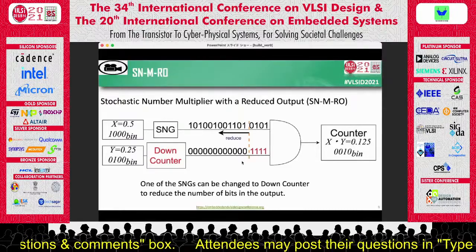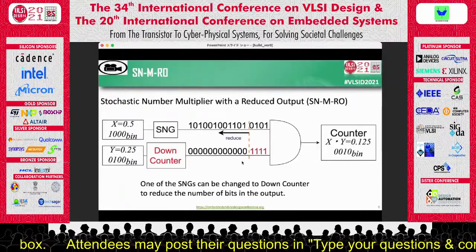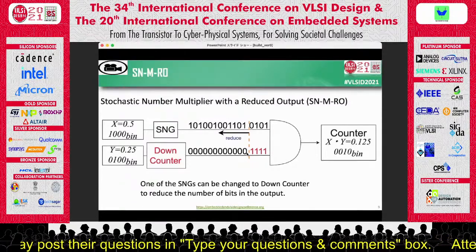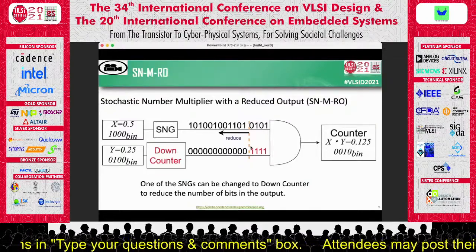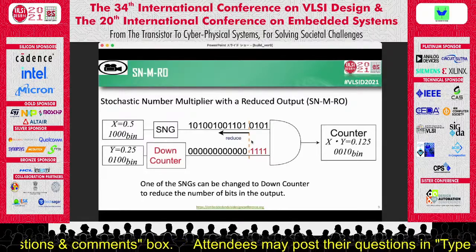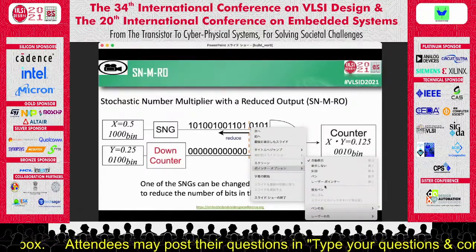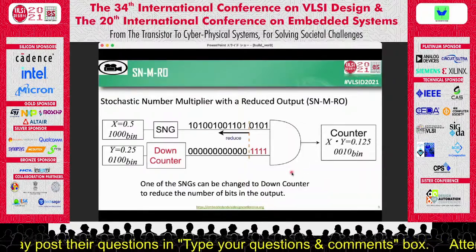This is our idea. When we calculate multiply accumulators, we make multiplication. As I mentioned, we can multiply with only one AND gate, but after that we need to add.